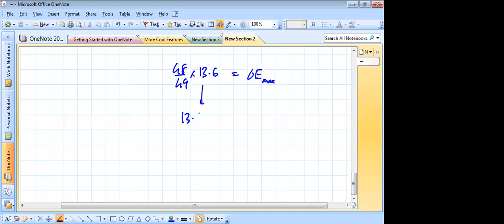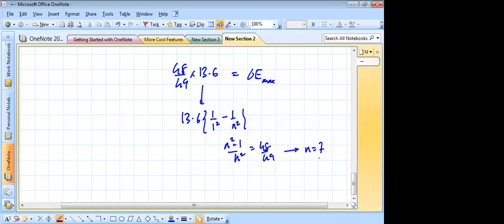This is coming from this ना, 13.6 into 1 upon 1 square minus 1 upon n square. The n is equal to 7. So n square minus 1 upon n square is equal to 48 by 49. So इससे n 7 आ गया. So which excited state it is? It's the sixth excited state.